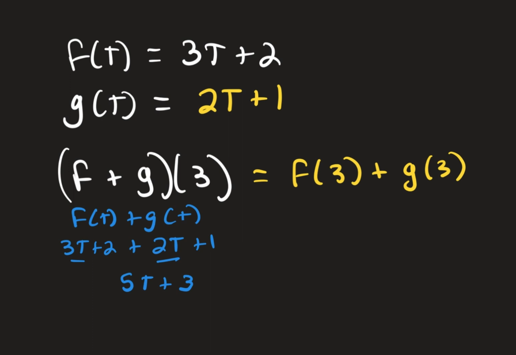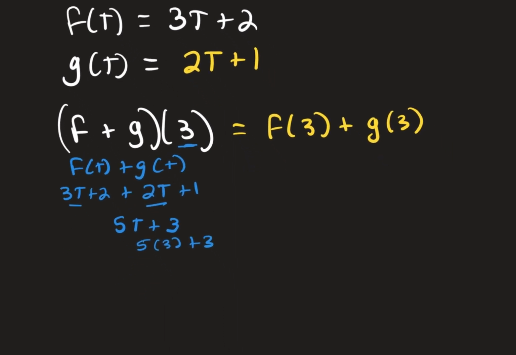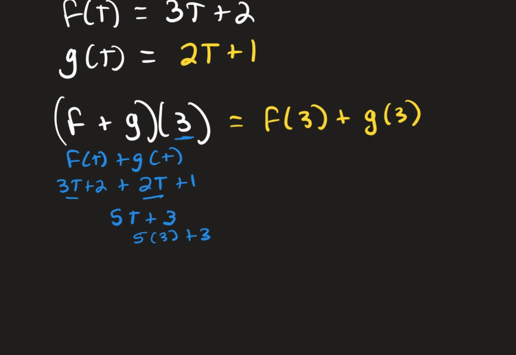Now, what am I substituting in there? 3. So anywhere I see a t, I'm going to replace it with a 3. So this would be 5 times 3 plus 3. 5 times 3 is 15. 15 plus 3 is 18.